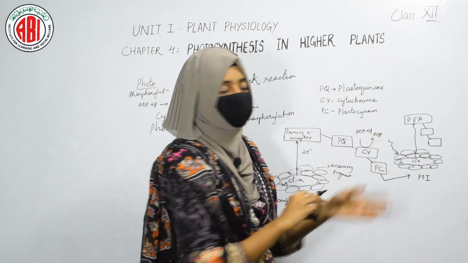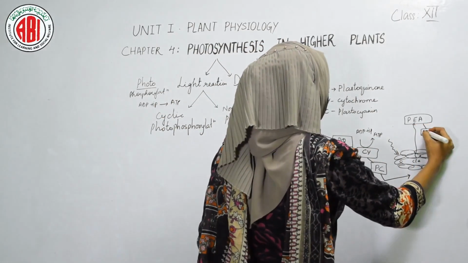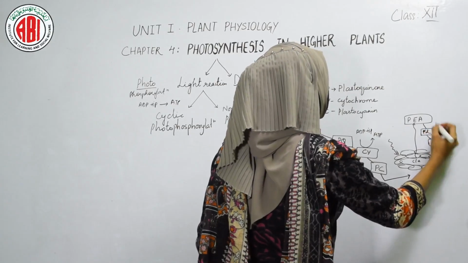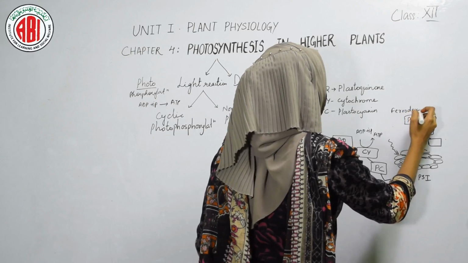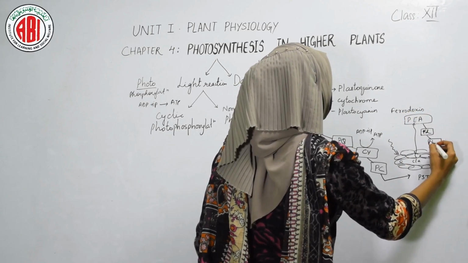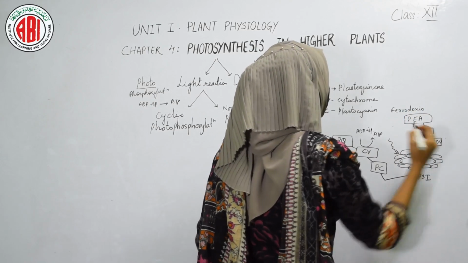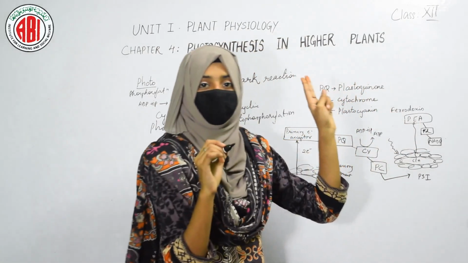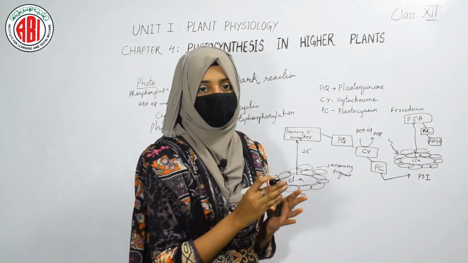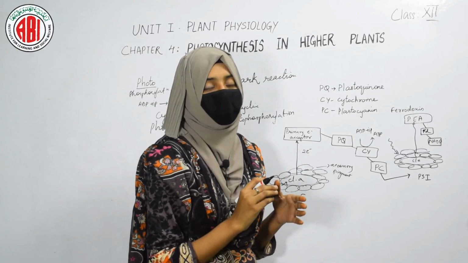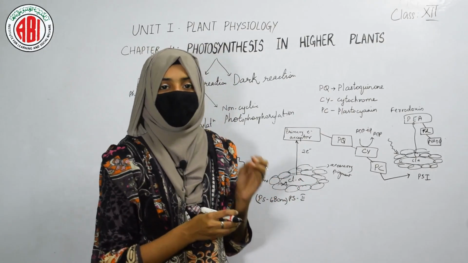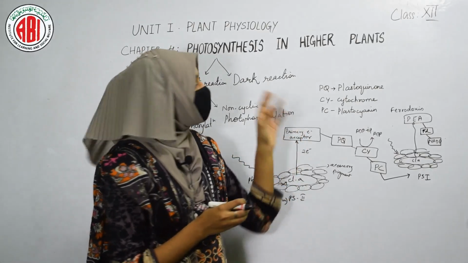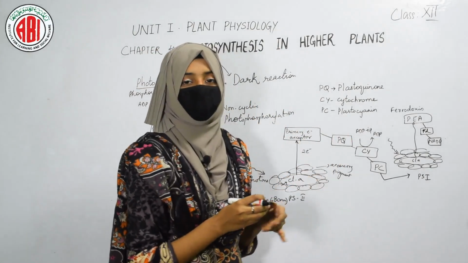From the primary electron acceptor, it moves down to FD, the electron acceptor called ferredoxin. From the ferredoxin, it moves to NADP. Now at this level, the NADP is reduced. The reduction reaction takes place. Reduction is nothing but the addition of hydrogen atoms to the substance. That process is called reduction.